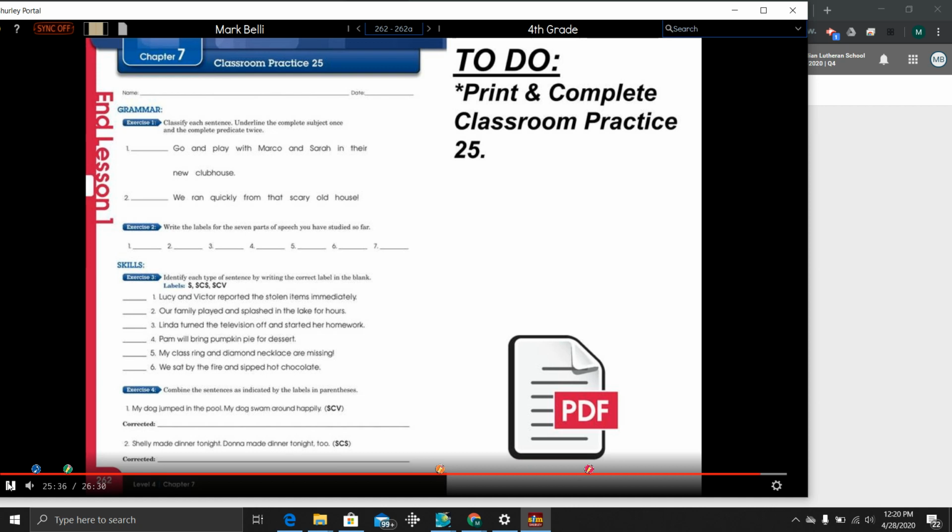Print and complete Classroom Practice 25. Okay, so you don't have to print this off.